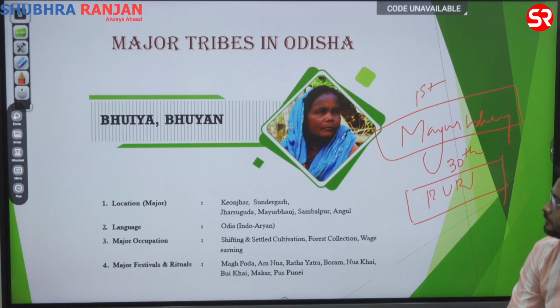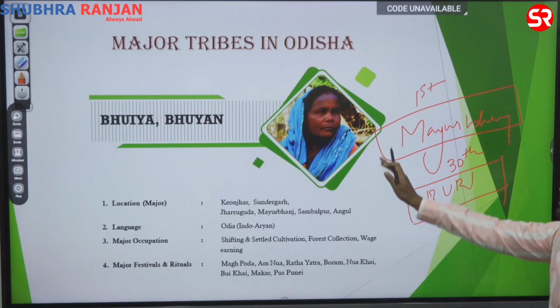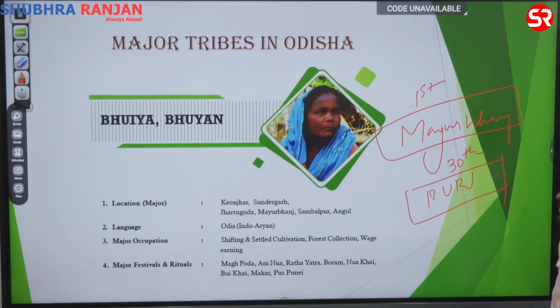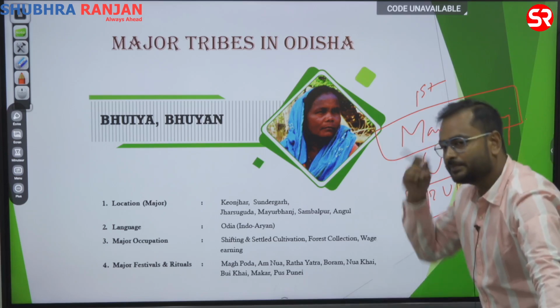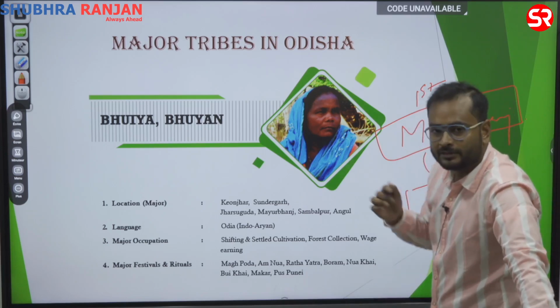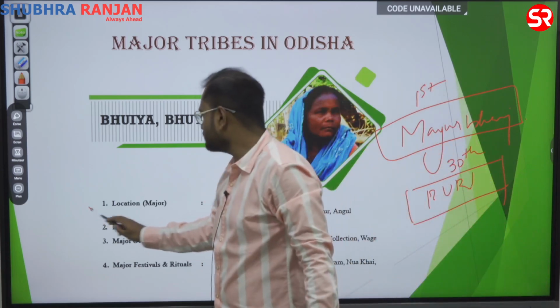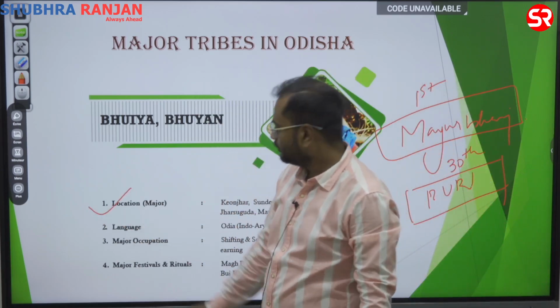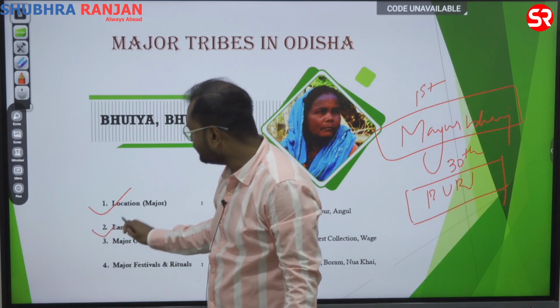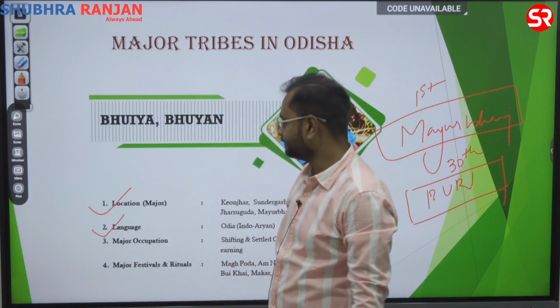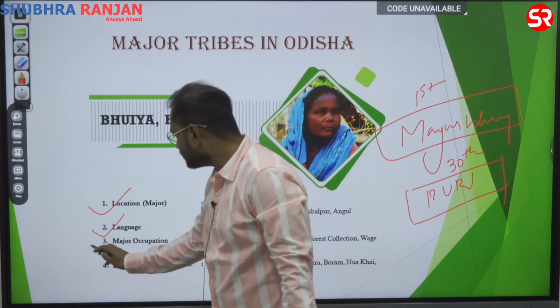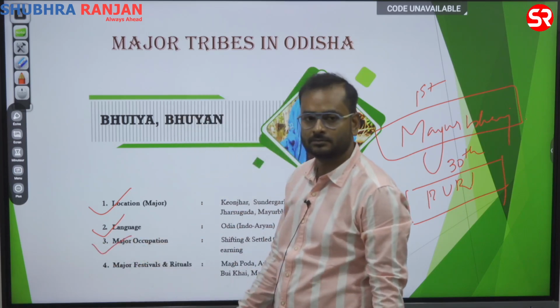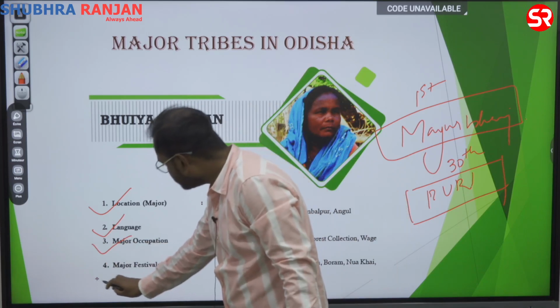Okay. So whatever tribe you come across, please keep a check on a few dimensions. First thing is, what is the major location? Second, what is the kind of language they are speaking? What are the major occupational practices? What are the major festivals and rituals?